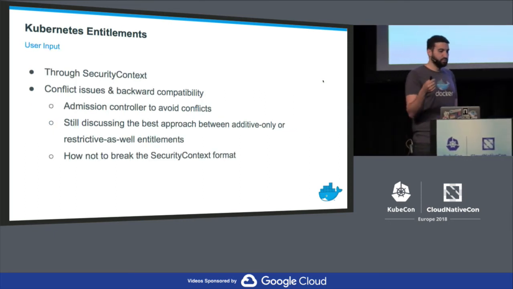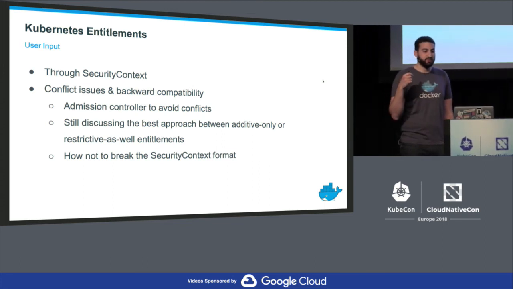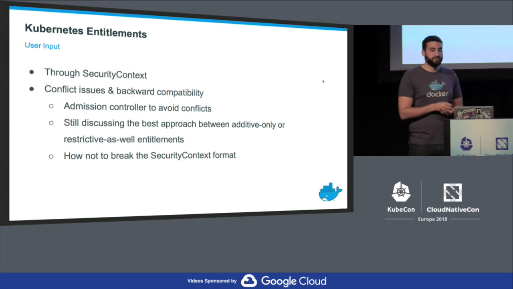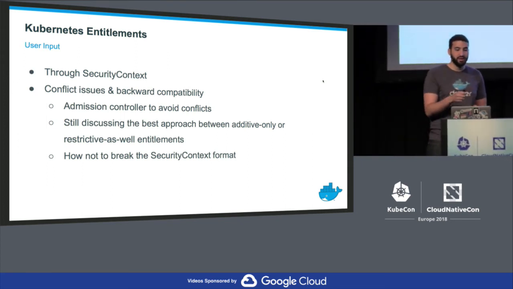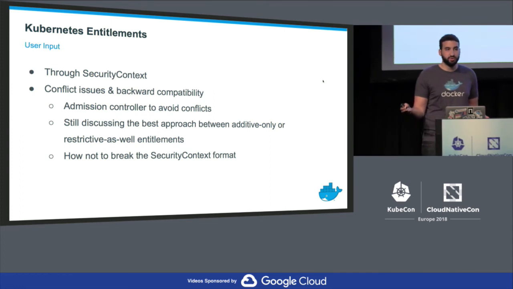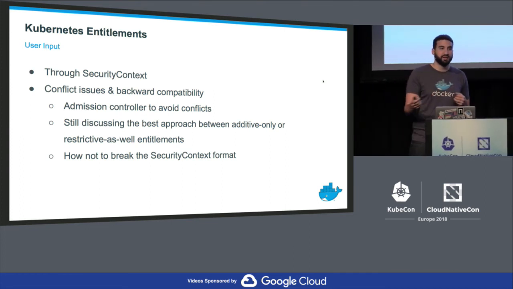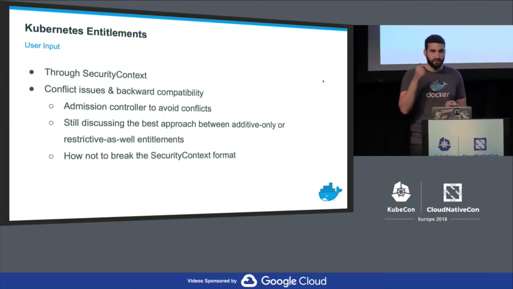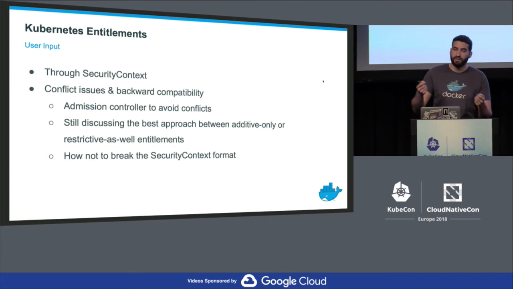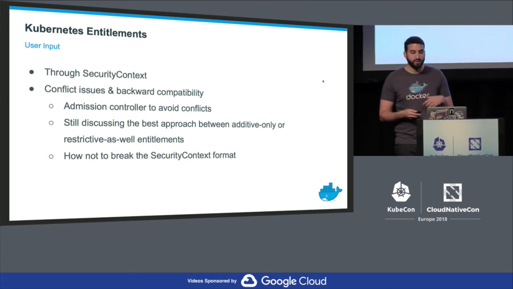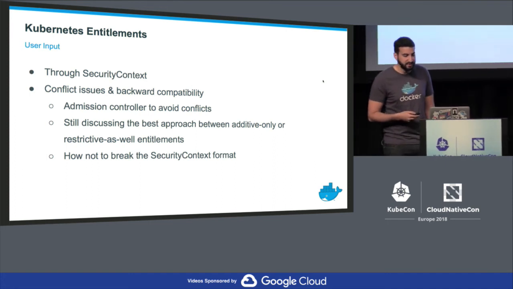So where would the user input happen? Basically, it would most likely happen either through the security context itself, that would be extended, or through an admission controller, which would prevent conflicts between the second profile that is provided inside the security context and the one that would be generated from the entitlements themselves.